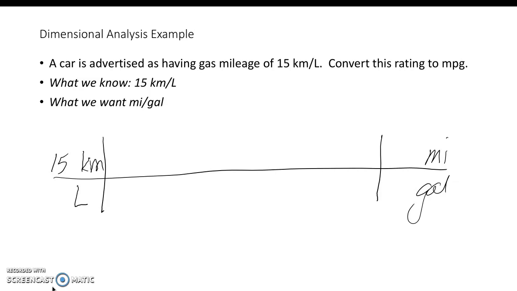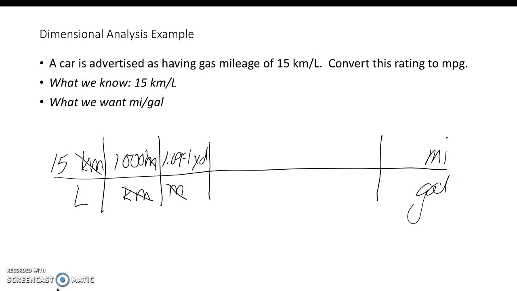So obviously, I've got to get from kilometers to miles and from liters to gallons. So I'm going to start out here with a conversion factor to meters. There are 1,000 meters in a kilometer, and I cancel out my kilometers. So now I have 15,000 meters per liter, which doesn't mean much to me until I put in the conversion for how many yards make up a meter.